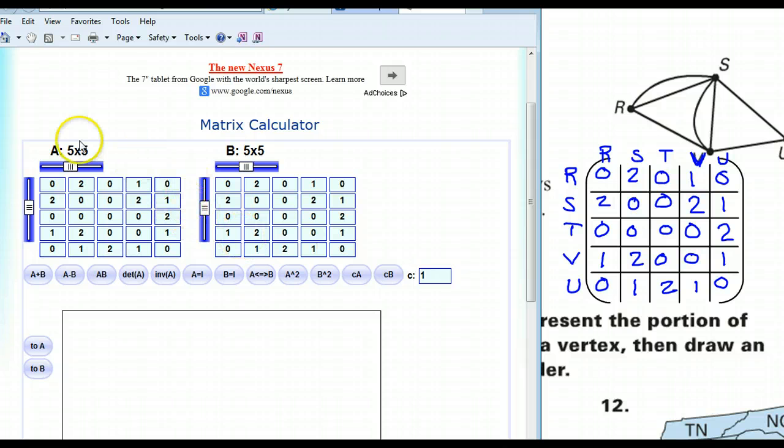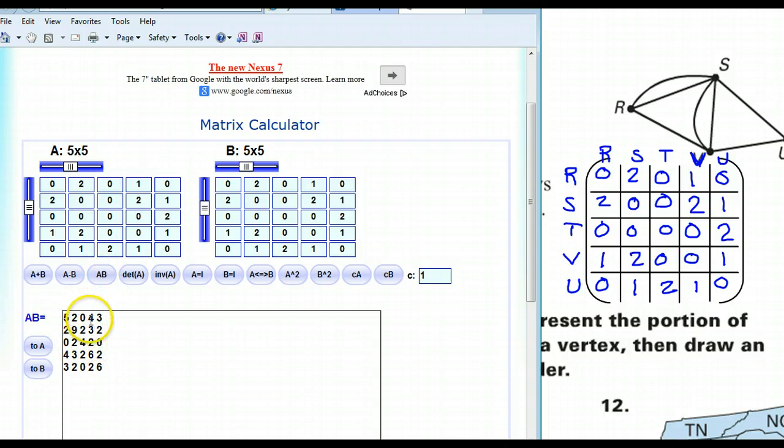So this says A and B, but it's really the same matrix twice. If we multiply these together, then it's really going to be this matrix squared. This button seems to suggest I can do AB, which would be A times B. So boom.